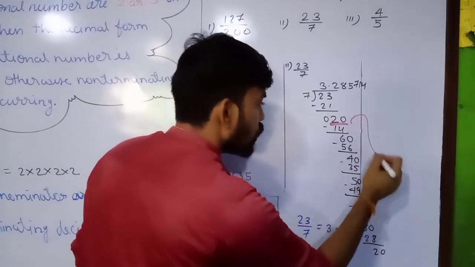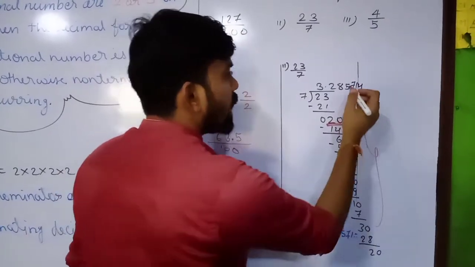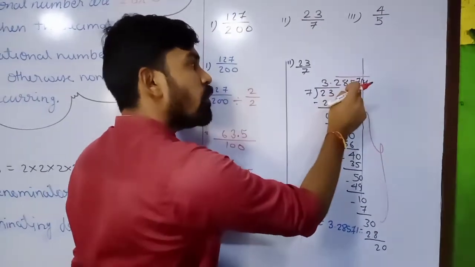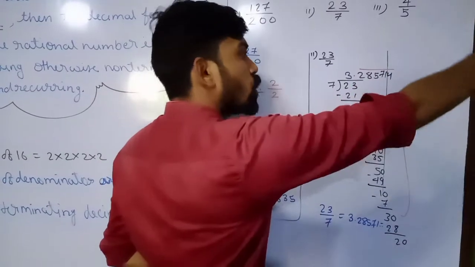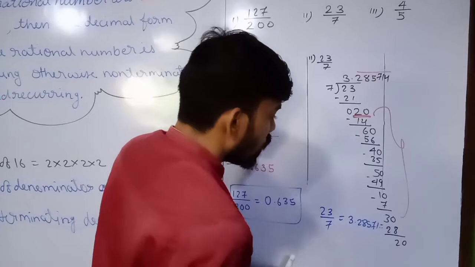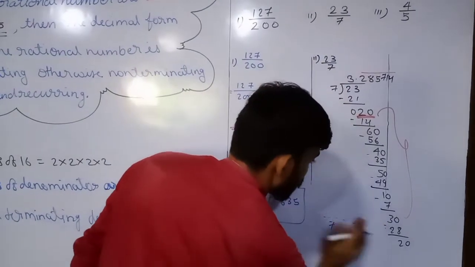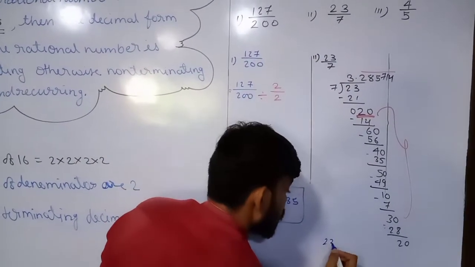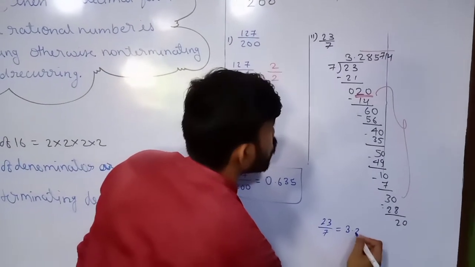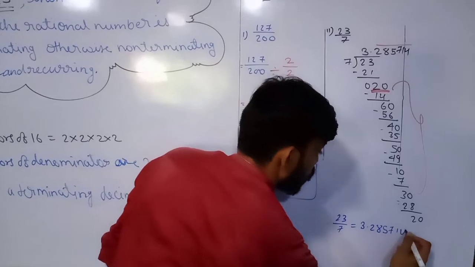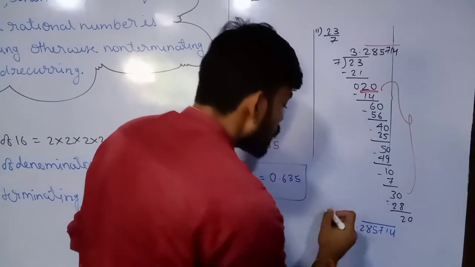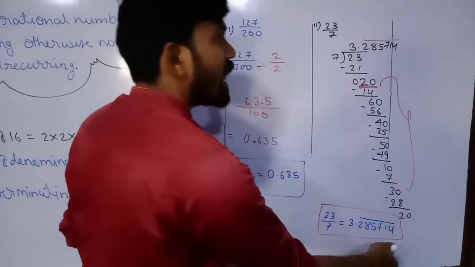Now it is going to repeat all this. That means after the 4 2 8 5 7 1 4, again we are going to repeat a specific sequence. So we can write our answer like 23 upon 7 is equal to 3.28571 with a bar. That means that all the sequence is going to repeat again.